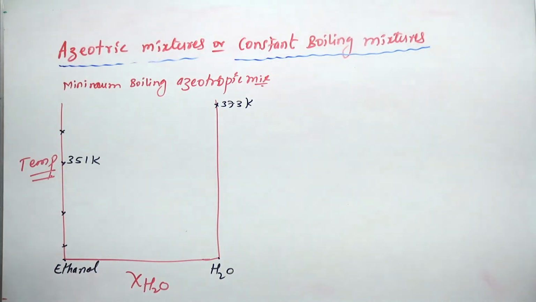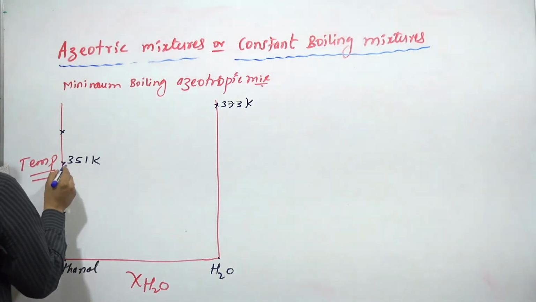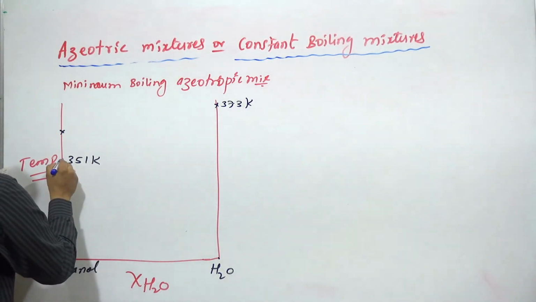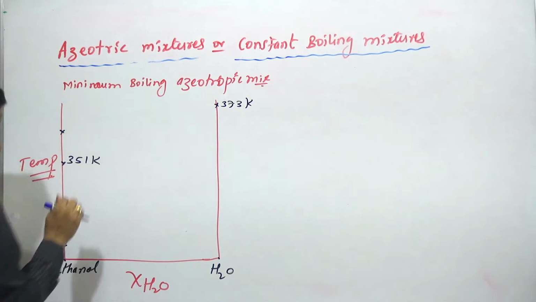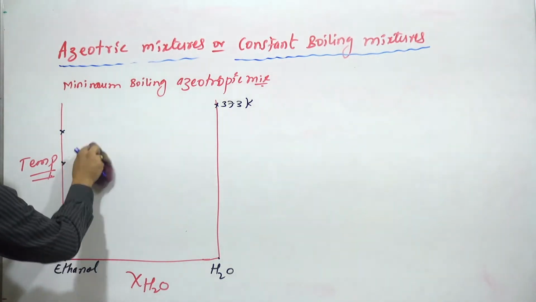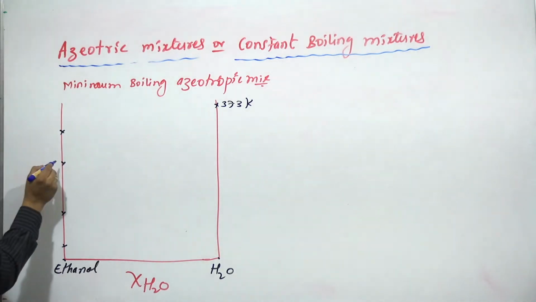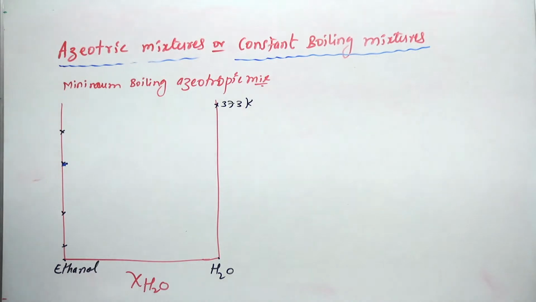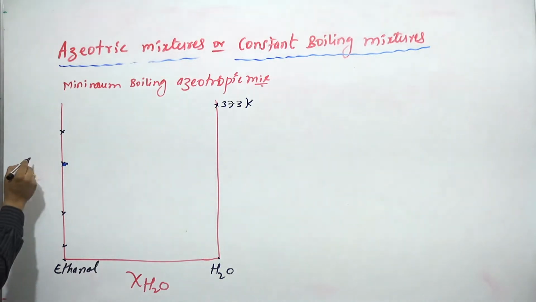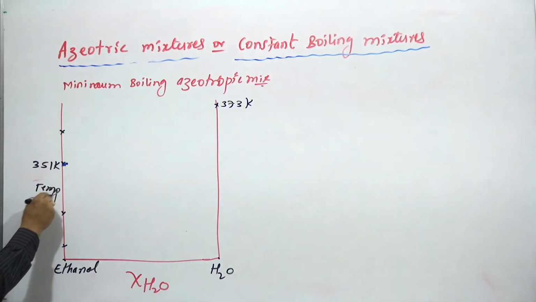Now these liquids are mixing. Then what happens is that this is the graph. This is 351 Kelvin on the left side. This is the temperature graph.